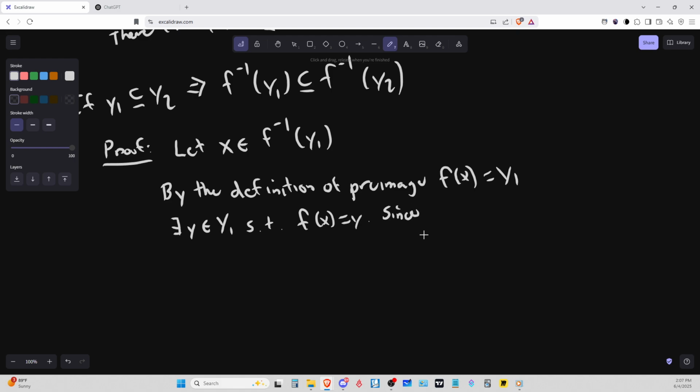Since we know that y1 is a subset of y2, y is an element of y2.